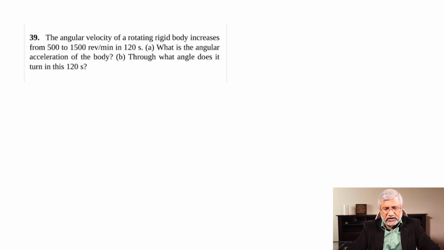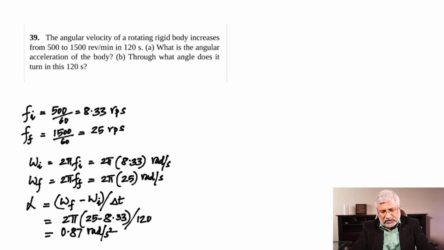So initial frequency is 500 by 60. That gives 8.33 RPS, rotations per second, and the final frequency is going to be 3 times that, which is 25 rotations per second.